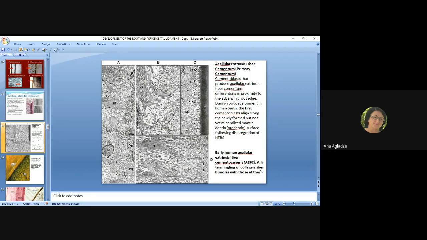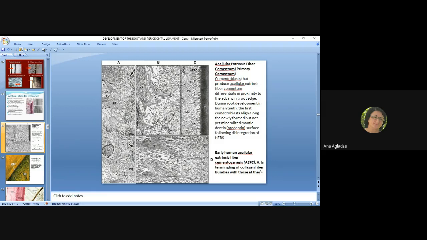These short collagen fibrils lie perpendicular to the root surface, with their ends extending into the still non-calcifying dentin matrix. Later, when they grow longer and anchor the tooth into the bone, they become periodontal ligament fibers that traverse the periodontal space.